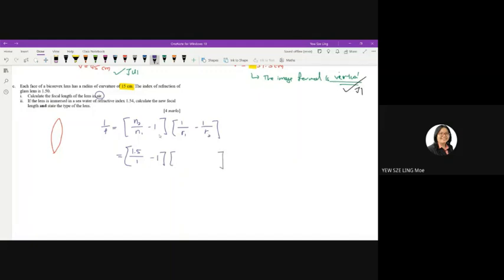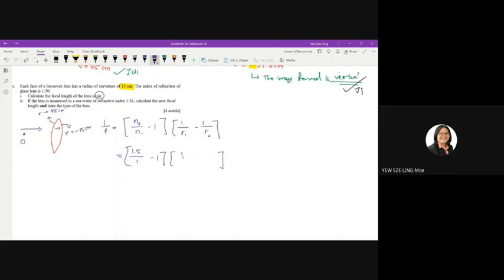What should we do? Let's assume my object is on the left-hand side. This is my object. I'm going to assume the light ray is coming from the left. When it hits the first surface, it is convex towards my incident ray. Therefore, the first surface should be a positive value, positive 15. The second surface is concave towards my incident light ray, so my second surface R would be a negative value, negative 15 cm.